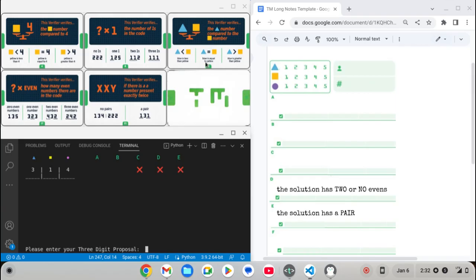So it must be the other two options, and that is that triangle should either be less than square or they should be equal. So let's go ahead and type that up in our notes in section C, and we'll say that triangle is either less than or equal to square.